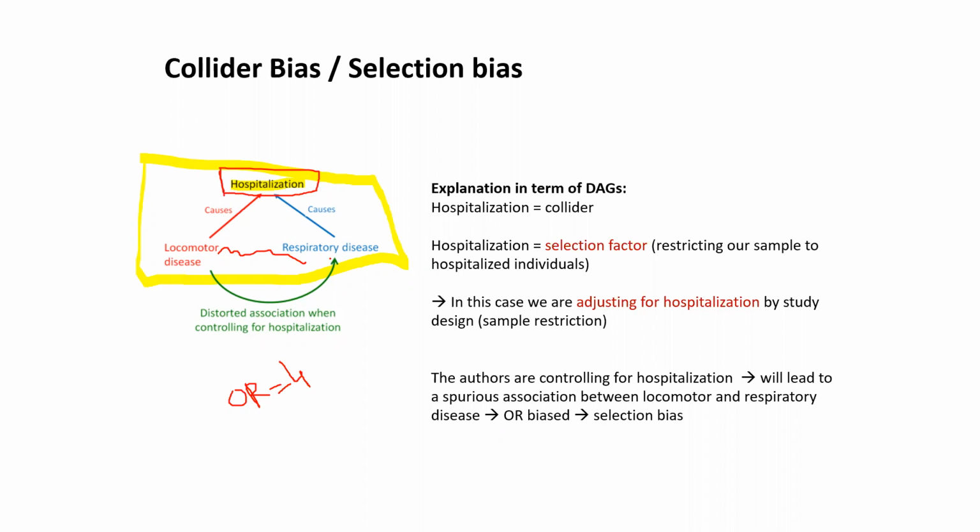But it's good for you to know that selection bias is a subgroup of collider bias, where the collider is the selection factor. So you are basically selecting based on the collider. Okay, thank you.